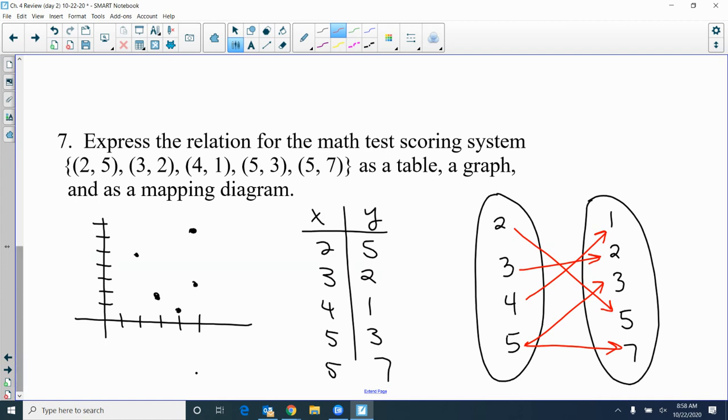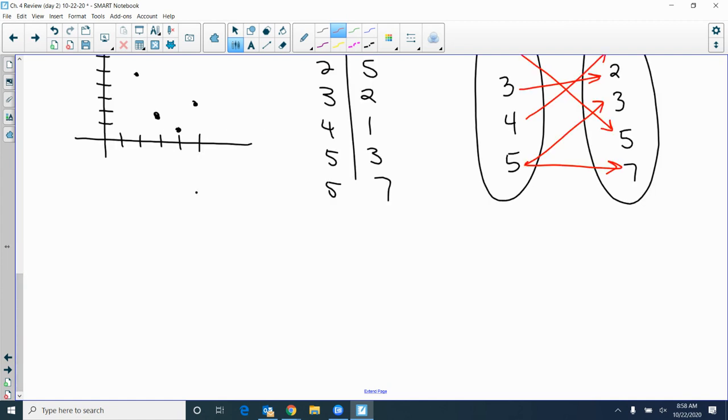Okay, now on your sheet right there, you got a little bit extra. It says function, yes or no, right? It's not a function. And now, how do you tell me how it's not a function? You cannot say that it doesn't pass the vertical line test. You cannot say that in this case. Colin? 5 goes to 2 different numbers. Yes, the number 5 goes to 2 different values.